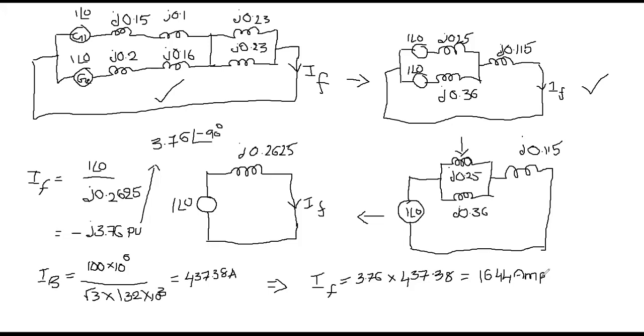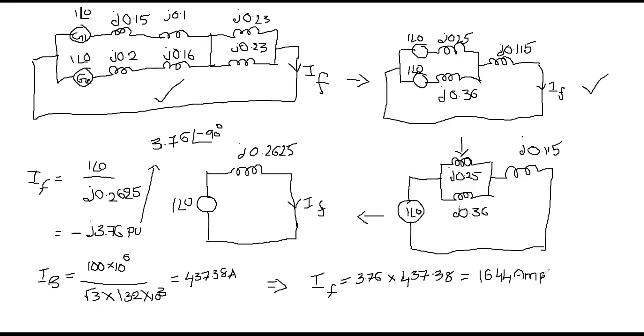Now this is how you calculate the total fault current of the system when the three-phase fault occurs at the receiving end. But the problem has not been completed yet. Why? Because you are asked to determine the amount of fault current supplied by each generator. Here the total fault current supplied by the two generators is equal to 1644.